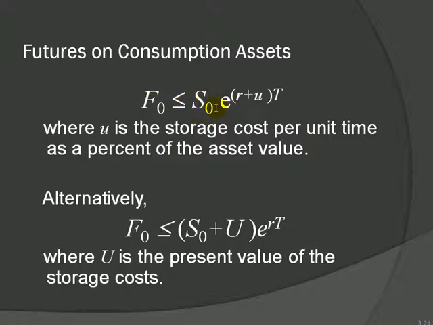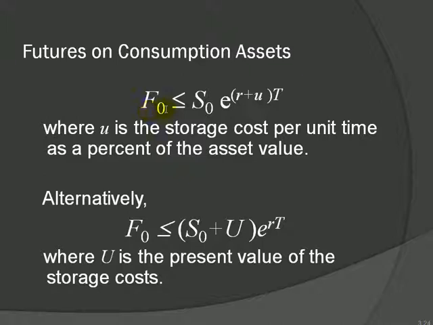But in the case of a consumption good, that's not going to happen because they have more attachment to the spot consumption asset. Buying this futures contract is not the same as buying the spot consumption asset.